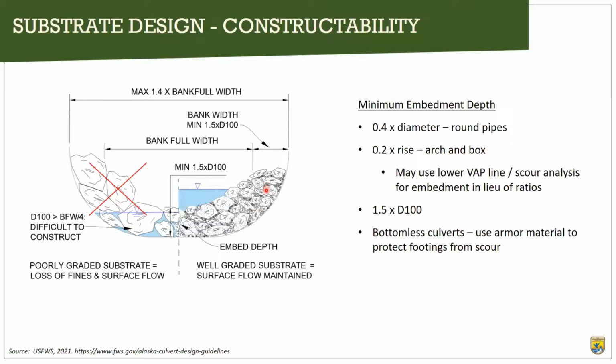So we've got room in there for our big particles and our medium-sized particles and our small particles. And the same goes with the embedment depth. We want to make sure that that's deep enough that we really have room to put our substrate in there.